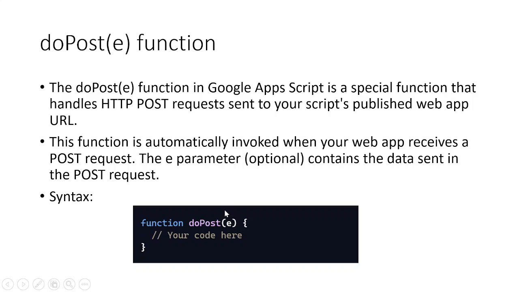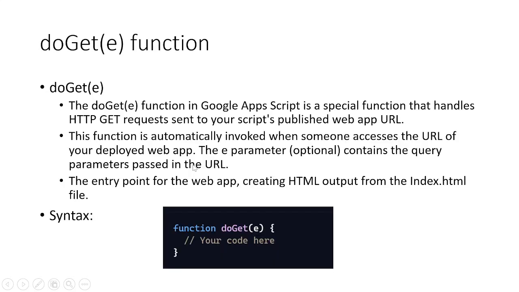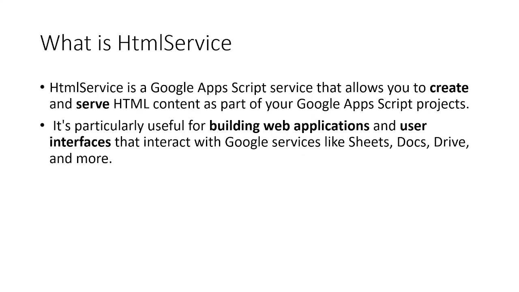Now take note. It said that a doGet or a doPost returns an HtmlService HtmlOutput object or the ContentService TextOutput object. So how are we going to return those objects mentioned in the previous slide? We are going to use the HTML service.